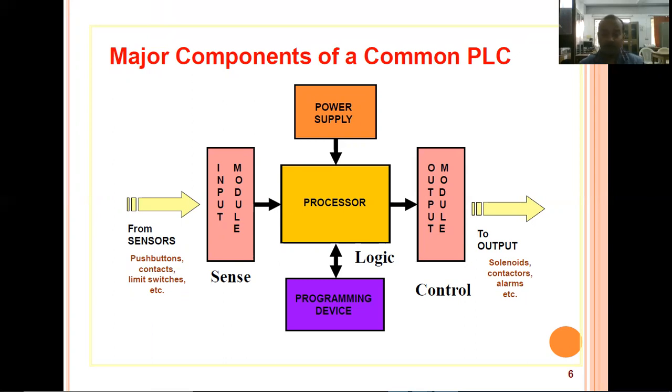Maybe that can be a control valve, a solenoid, a contact, or an alarm. So the input module, or sensing module, acts as an analog to digital converter, whereas the output module acts as a digital to analog converter. In that way, sense, logic and control can happen in the PLC.